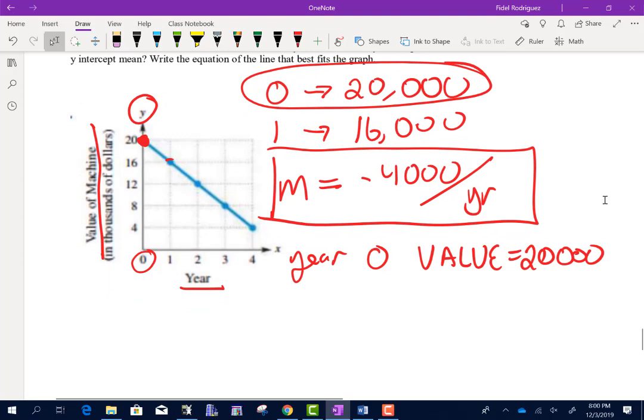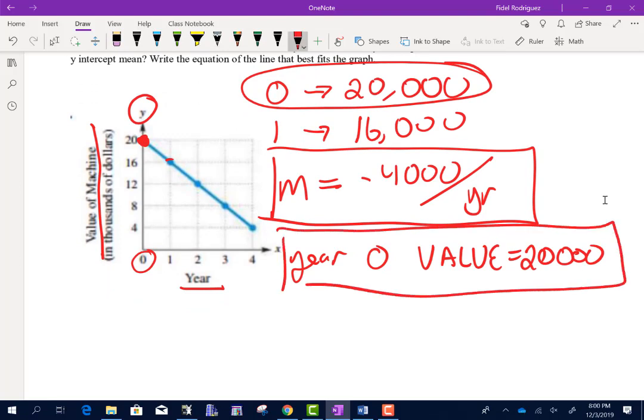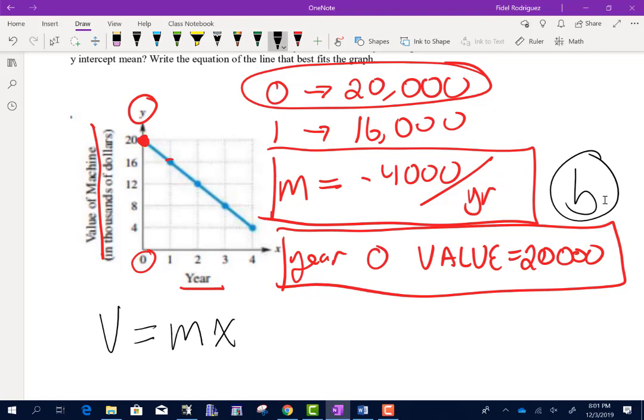All right, guys, that year zero and the value, that's our b. Okay. So remember how we're writing our equations like this, like V equals mx plus b, right?